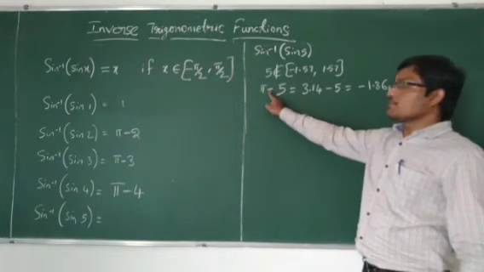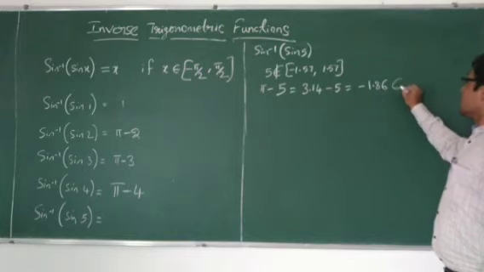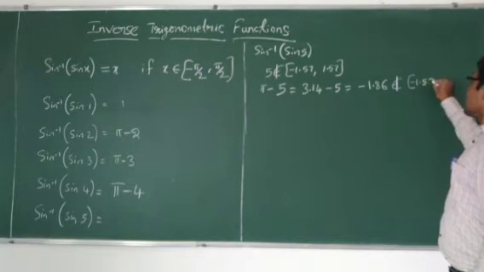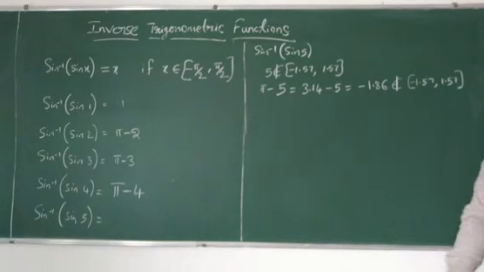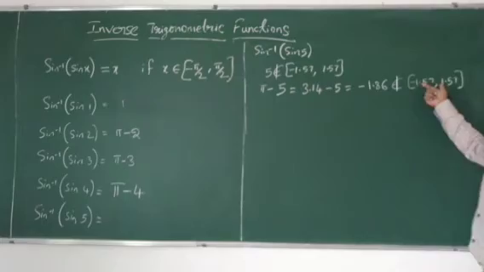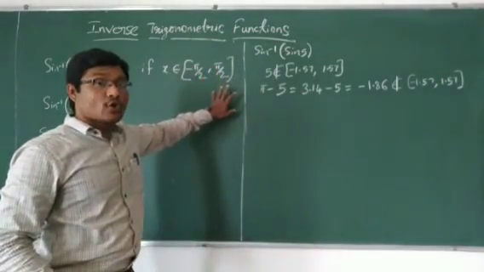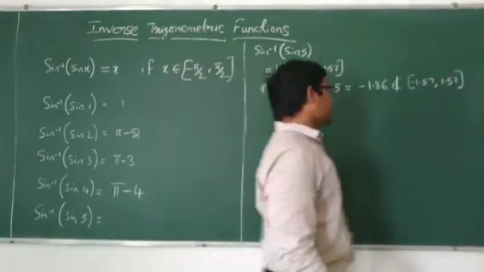But this is also not in the interval minus 1.57 to 1.57. Remember, these values are nothing but minus pi by 2 to pi by 2 only. I am just converting them in terms of radians.